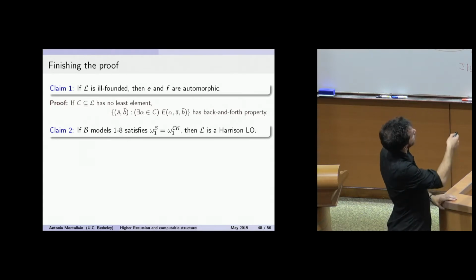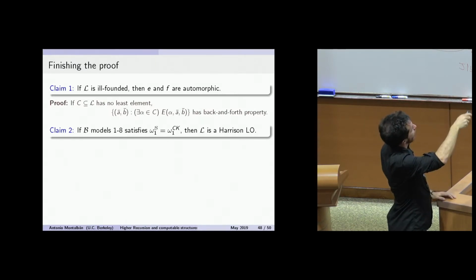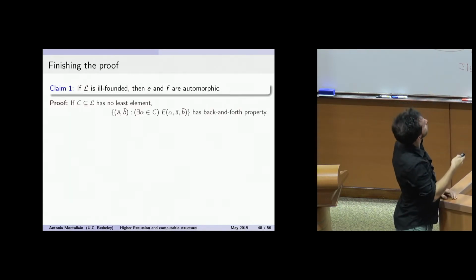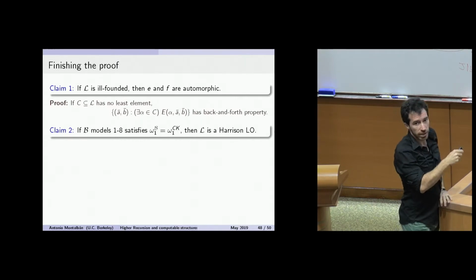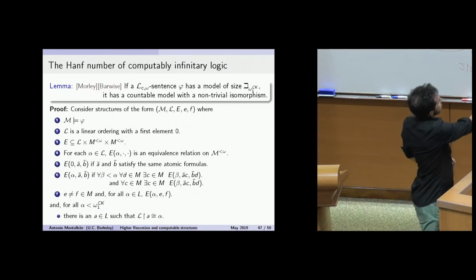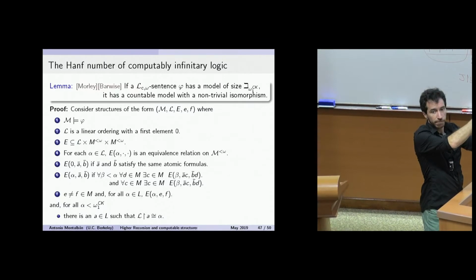Okay, so this is what I just said. If you have a model of 1 to 8, meaning all these axioms, which is low for omega 1, which doesn't compute a presentation of omega 1ck, then the linear ordering has to be a Harrison linear ordering. Because we said that it must contain initial segments like all computable linear orderings, so it has to start like omega 1ck.